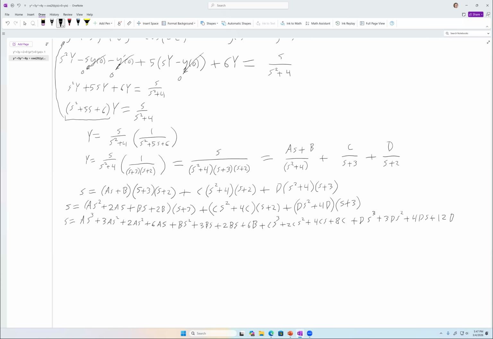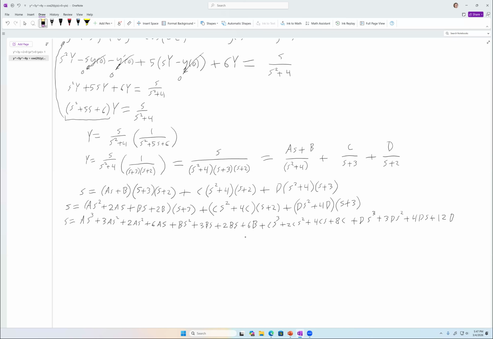Now you're probably wondering, why on earth am I doing this? And this is because we know that a system of equations is oh so nice, and we can make one. How we can do that is we're going to look at how many of each term there are. We know we go up to S cubed, so we're going to start from the constant: how many constant terms there are, then S, S squared, and S cubed.